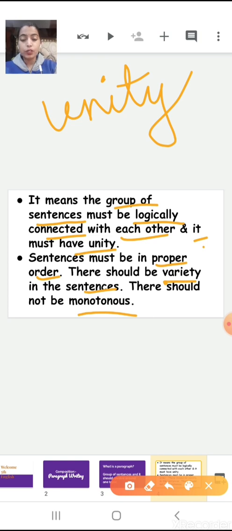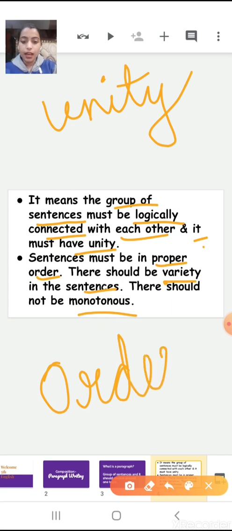Means no repetition of the same sentence in the paragraph. After unity, it should have proper order of sentences. Then we have variety of sentences. Okay.